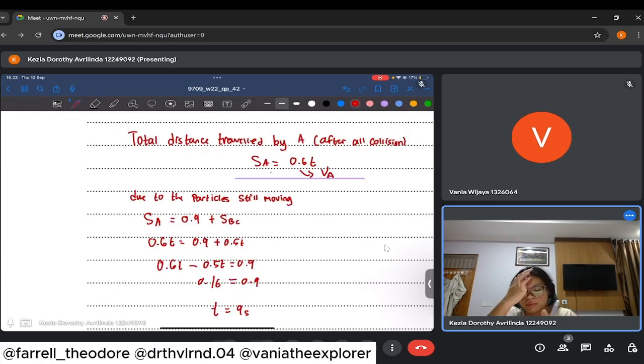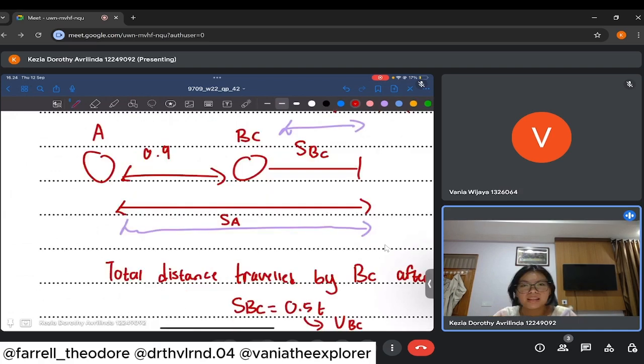So in this diagram, we see the distance of particle A to particle BC. How much farther does it take for A to collide with BC? It's 0.9, but since particle BC is still moving, that's why you need to add this SBC over here. That's what this SBC is used for.